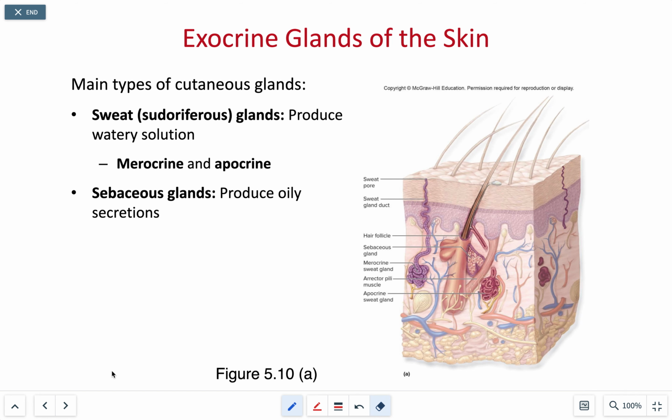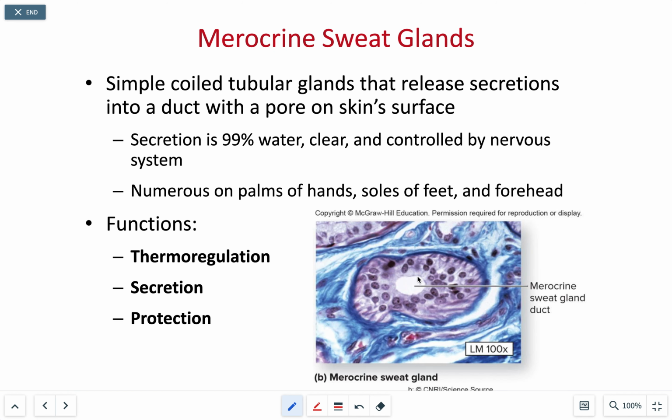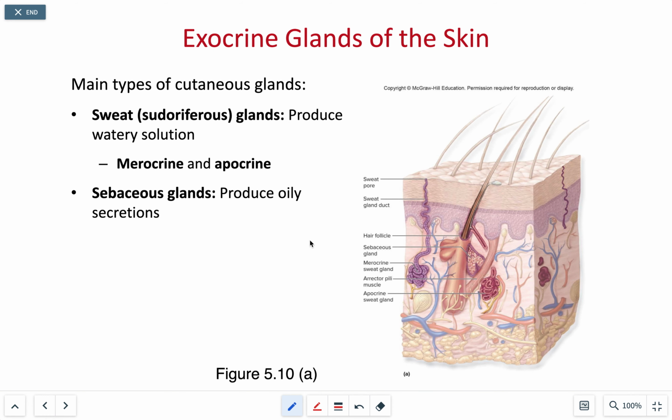The first one we're going to look at in detail is the exocrine sweat gland. As we showed previously, it is a very coiled tubule that discharges directly onto the surface of the skin.